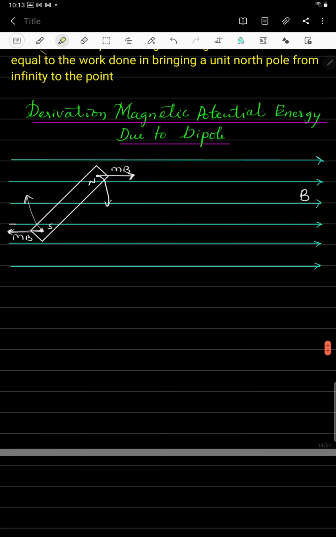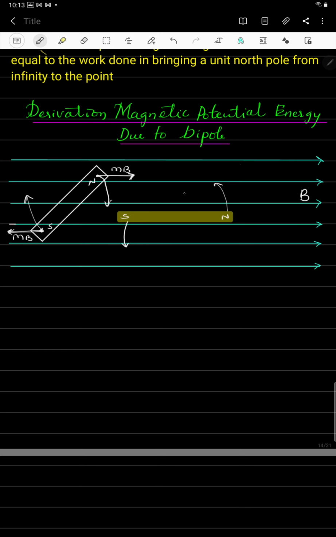If the magnet is placed like this, and I move this magnet from here, say this is the south pole and this is the north pole, if I move this north pole in this direction, then the south pole will move in this direction.